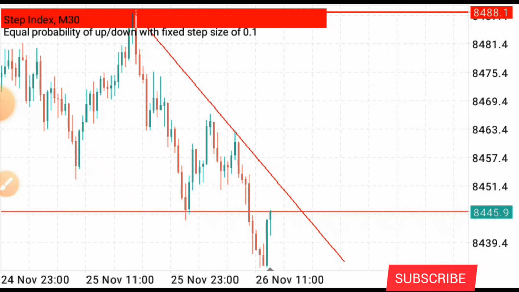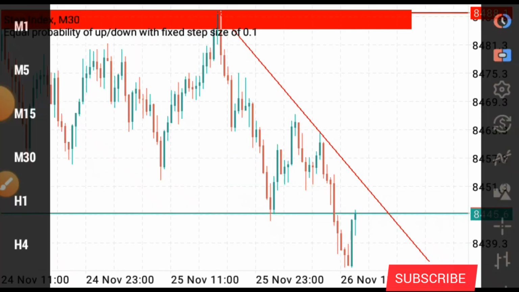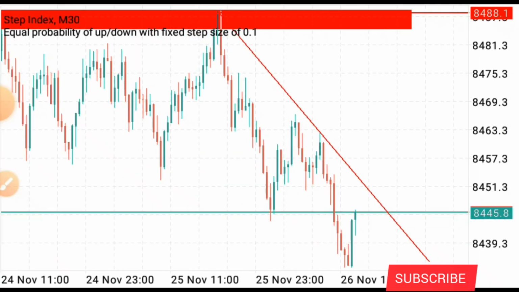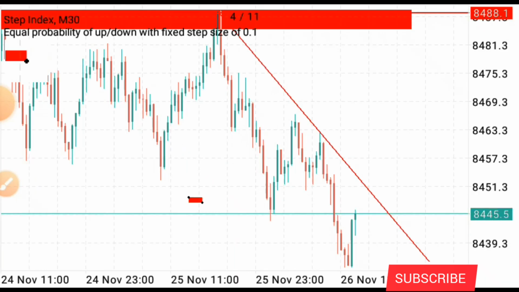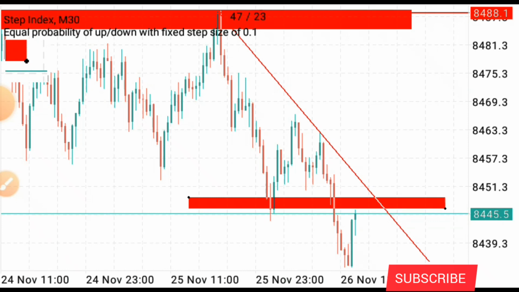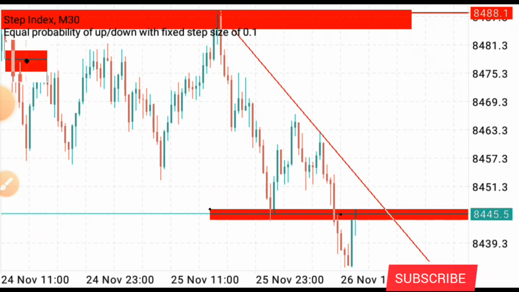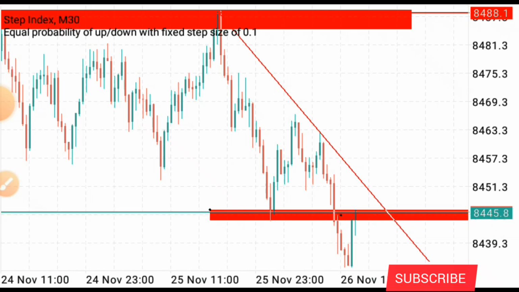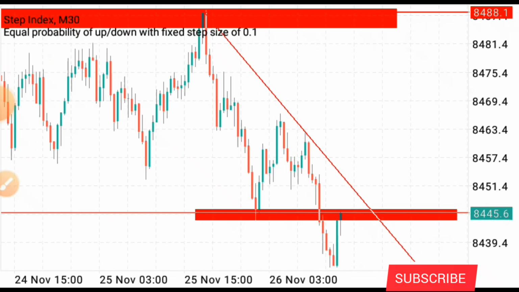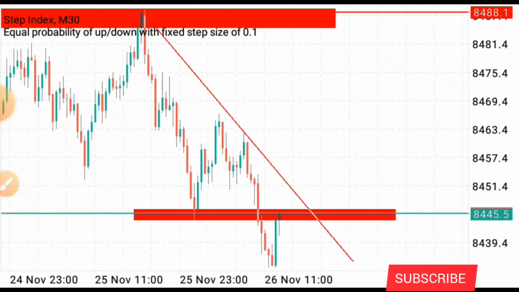I can also spot a support and resistance zone here, because guys, as I always say, I'm a scalper, and what I try to do is get the most recent move. I don't want to hold for long, so I need a quick entry and a quick exit. So that's what I'm trying to identify.